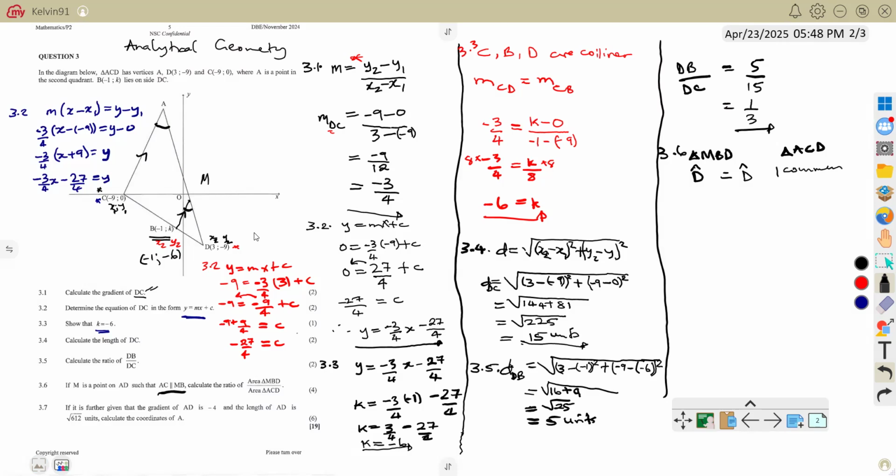So in other words, we are saying our BMD will be equal to which angle? BMD, we said, is equal to CAD.